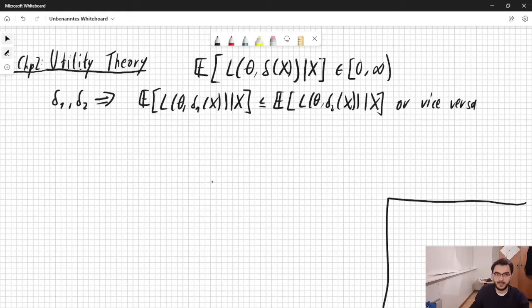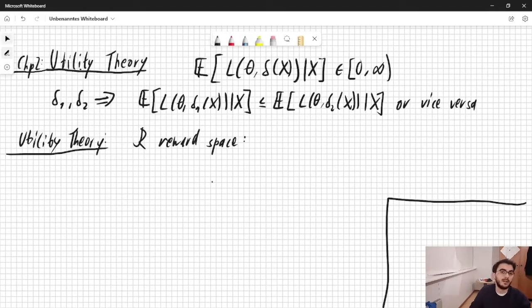with our loss function. Utility theory for us assumes that we have some space R, which we call the reward space, which first of all fulfills axiom 1 that for any two rewards we can order them.